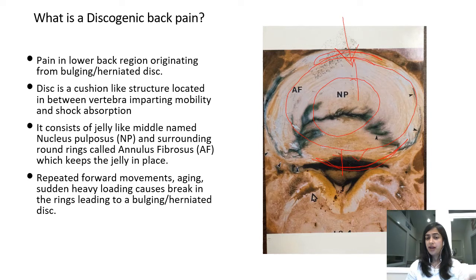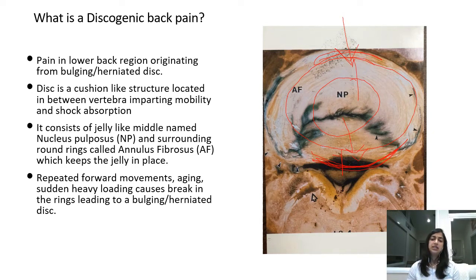Now, if you look at our everyday activities, there are very few activities that require us to bend backward, but most of our activities of daily living involve bending forward. So think about the repetitive strain that is subjected on these posterior rings by this jelly, which eventually gives out and leads to bulging.